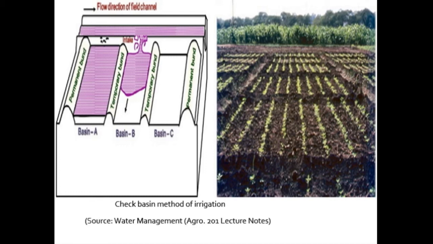This method is especially suited to fine textured soil which requires the holding of water in order to secure the desired penetration. Likewise, this method is suitable for growing grain and forage crops. Furthermore, the use is generally restricted to relatively smooth land because of the expenditures involved in leveling the plots.